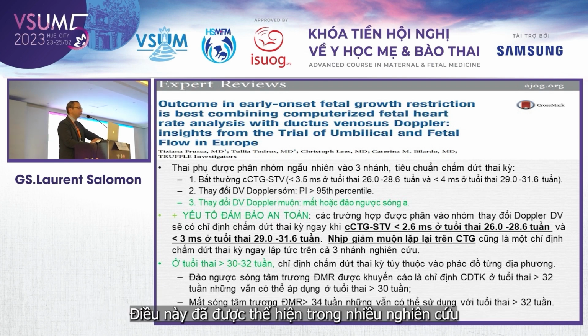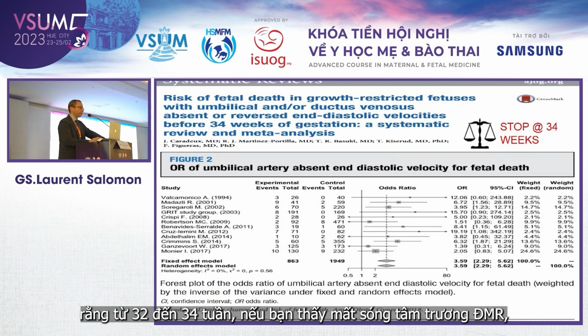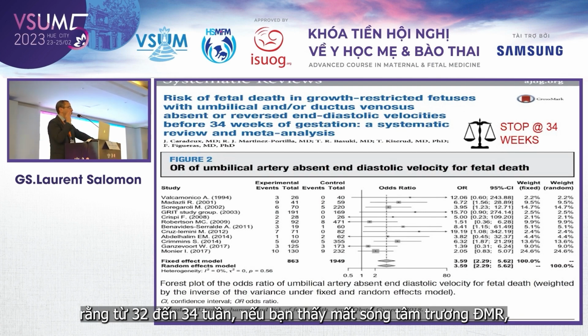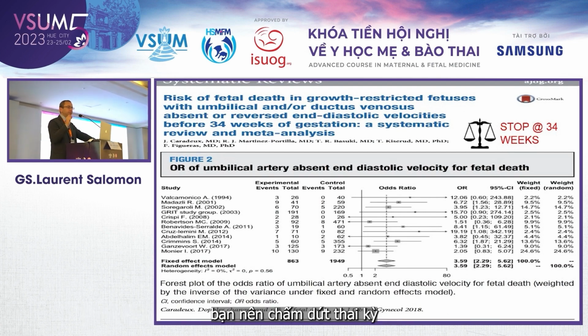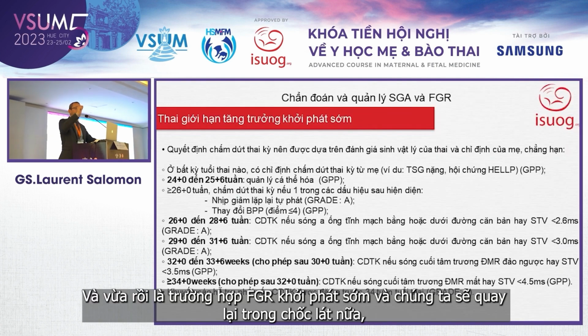So this was shown by many studies, and these are the results of some meta-analysis of these studies, which shows that clearly from 32 or 34 weeks, if you have an absent end diastolic blood flow in the umbilical artery, then you should deliver, and you should do the same from 30 weeks if you have a reversed end diastolic blood flow. So this is for early onset IUGR, and we will go back to that a little bit later on.